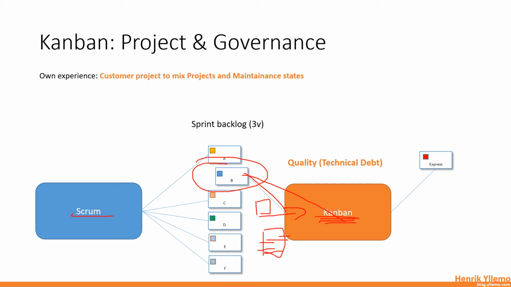So we also had this express column within the Kanban board. On top of the Kanban board, within the swim lane, we have this express lane. And if a ticket came into the express lane, that means that the ticket was higher priority than even Scrum.